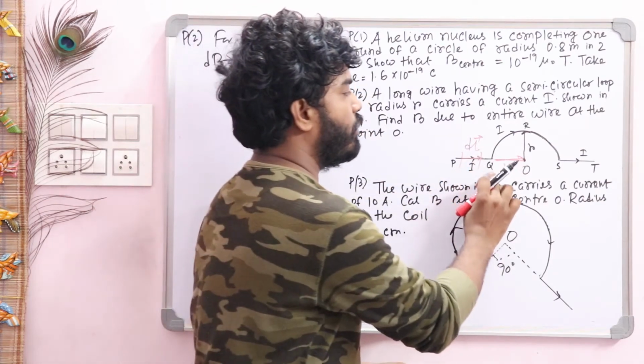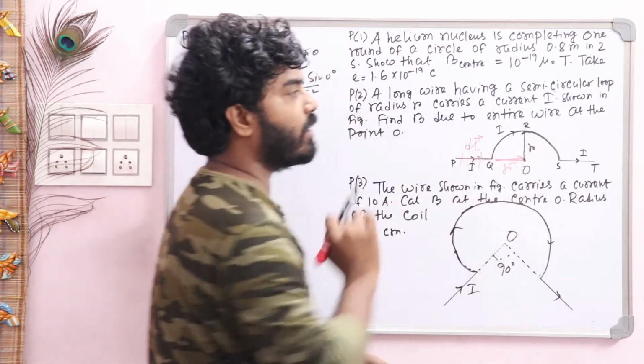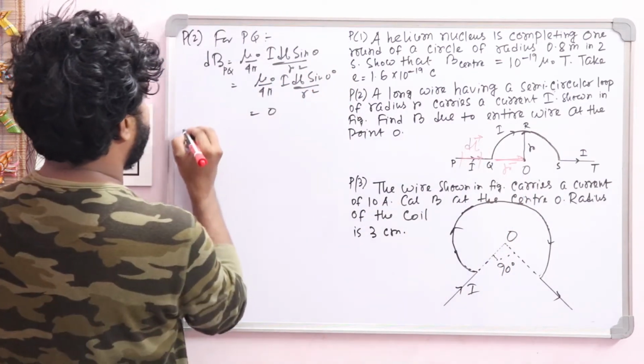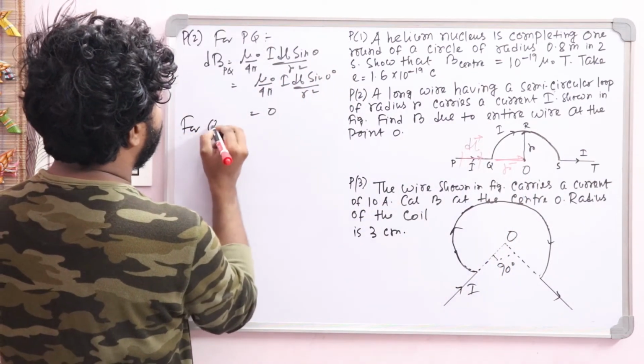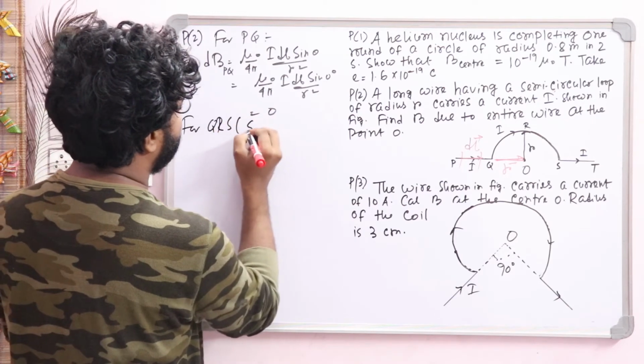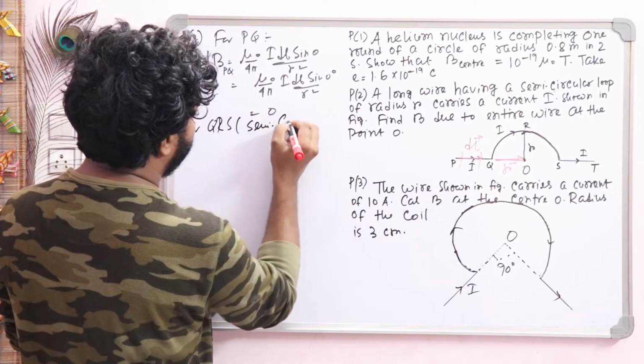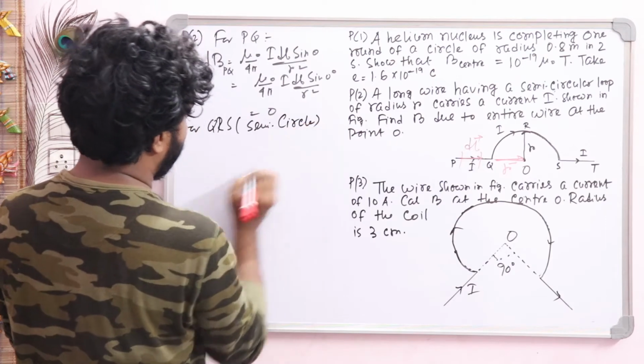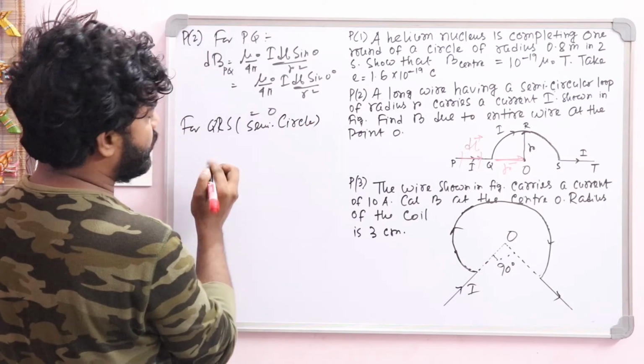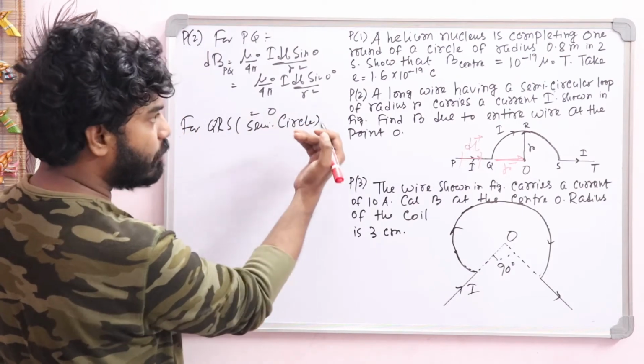Now for QRS, that is for the semicircle, write it. For the second case, QRS, the semicircle, you already completed this part, students. For a circular loop the expression is mu naught I divided by 2R.